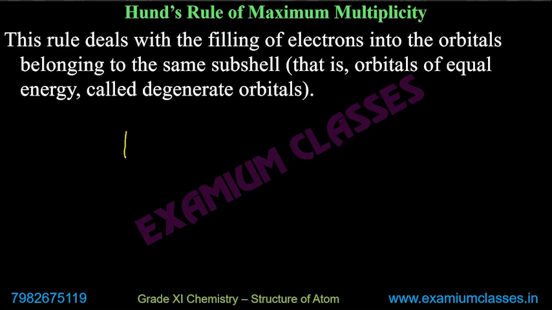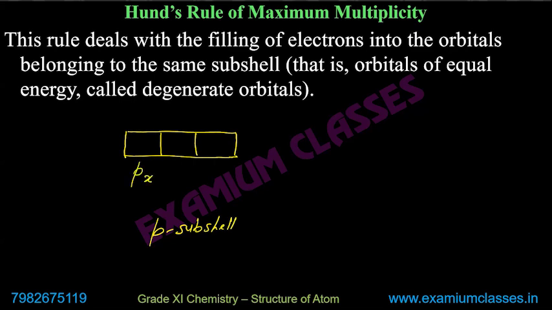When I said that in a subshell there are orbitals, suppose I am talking about the p subshell. In the p subshell, there will be three orbitals. Hund's rule of maximum multiplicity says that when the electrons start filling up in these orbitals, the pairing of electrons does not take place unless all orbitals are half filled.